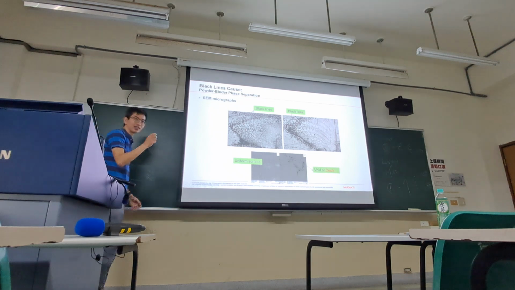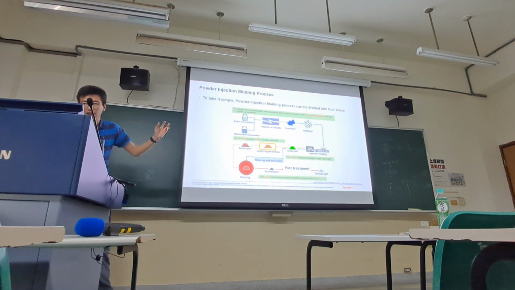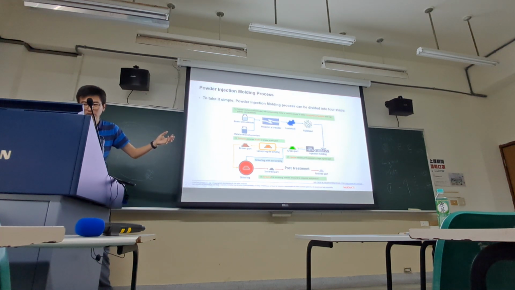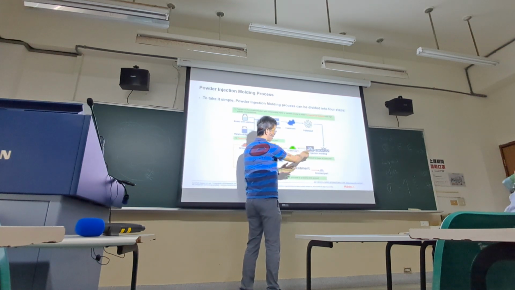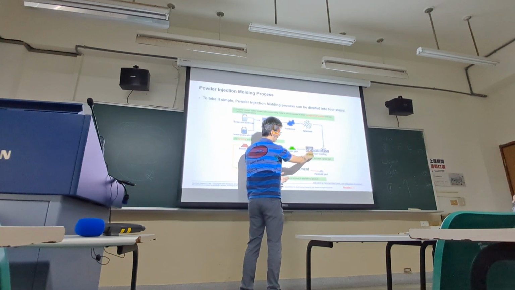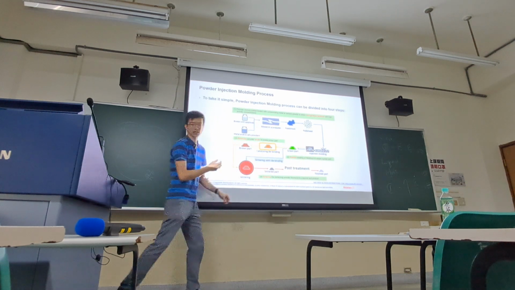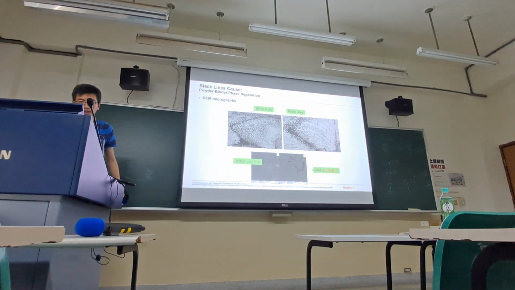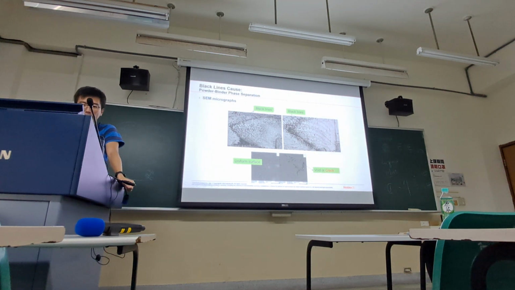But sometimes we would like to have a homogeneous feedstock, but through the injection molding, because the velocity is very fast and depending on the geometry design, sometimes the phases will separate, phase separation. See? From the SEM micrograph, we can observe some black lines.